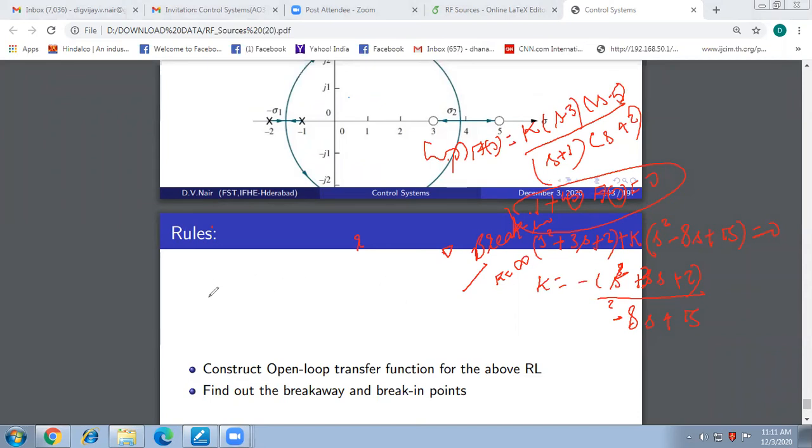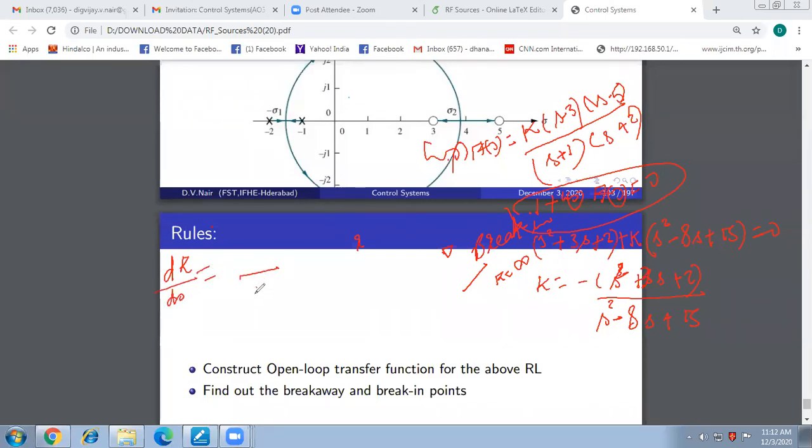So what you are getting here, k is, this is s square minus 8s plus 15, right? So that is what I got, k equal to. Okay, in numerator it is minus. So dk by ds, what will it become for me? Anyone got the answer? Please let me know.